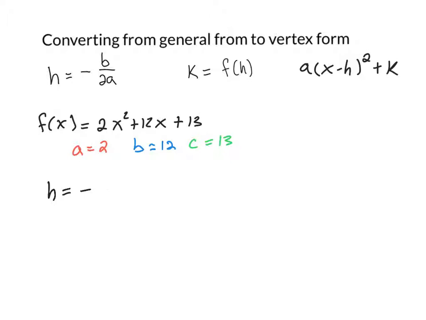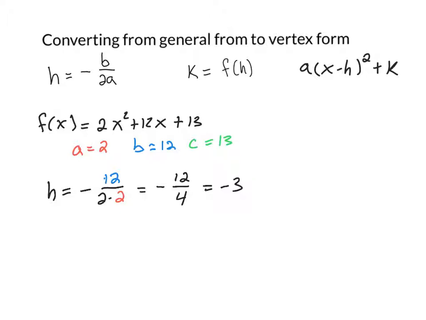I identify b, which is 12, and divide that by 2 times my value for a, which is 2. When this all comes out, I see negative 12 in the numerator, and 2 times 2 is 4, and that's negative 3.